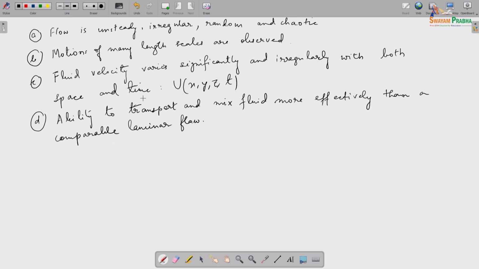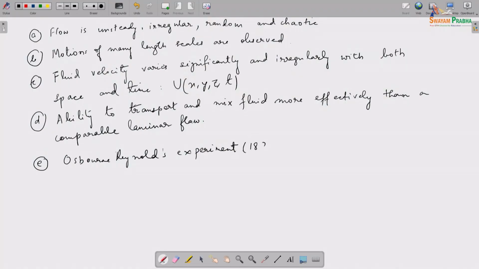Now, there are some things here, so the Osborne-Reynolds experiment. Maybe you can remind yourself what this is, or if you are not aware, just look at a basic textbook and you should be able to get that.